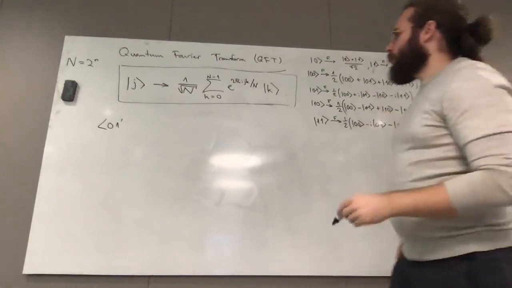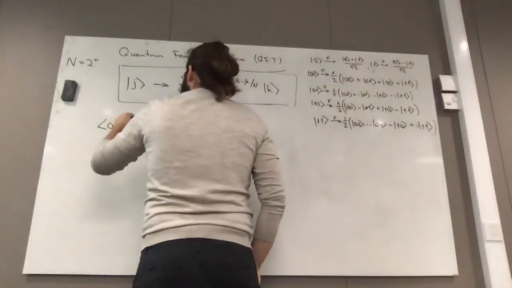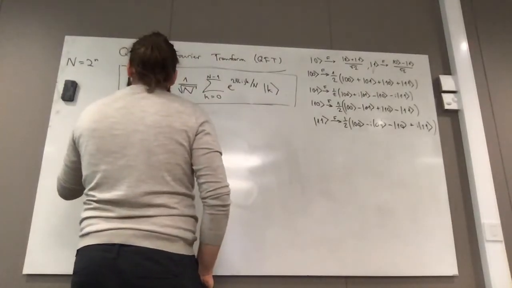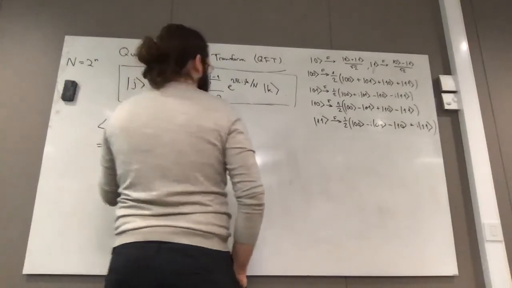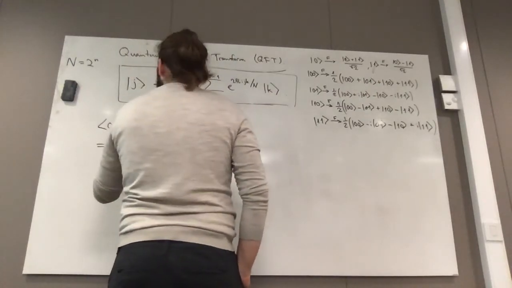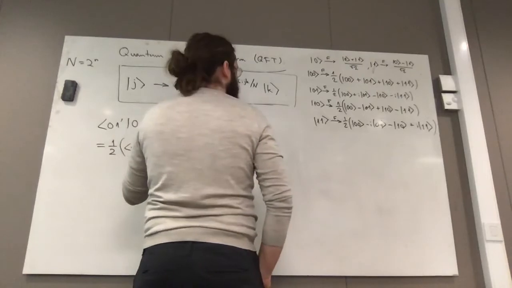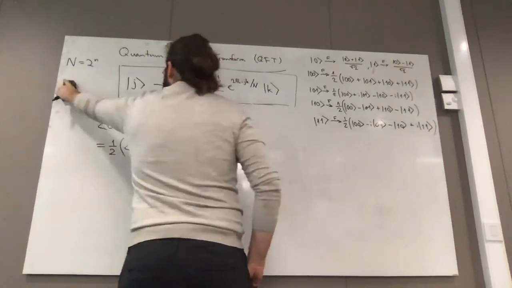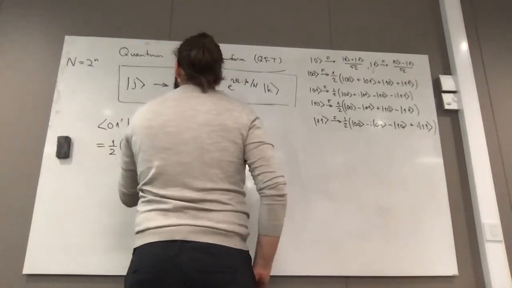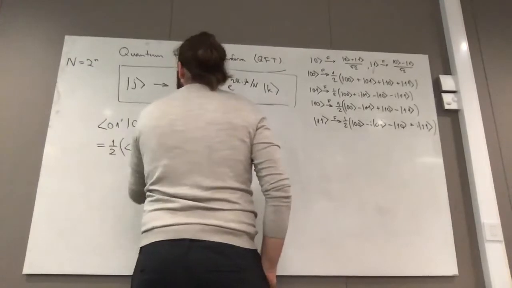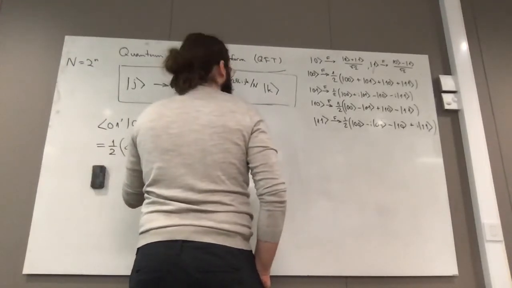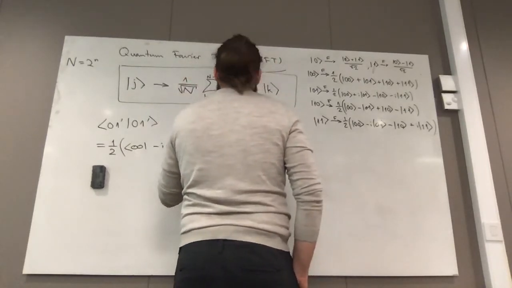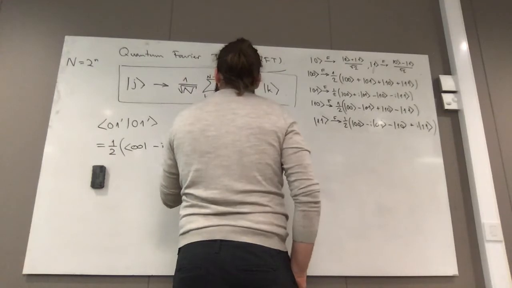Okay. So what I want to show is something pretty straightforward. So, |0,0> minus i |0,1> minus |1,0> plus i |1,1>, times the old thing.